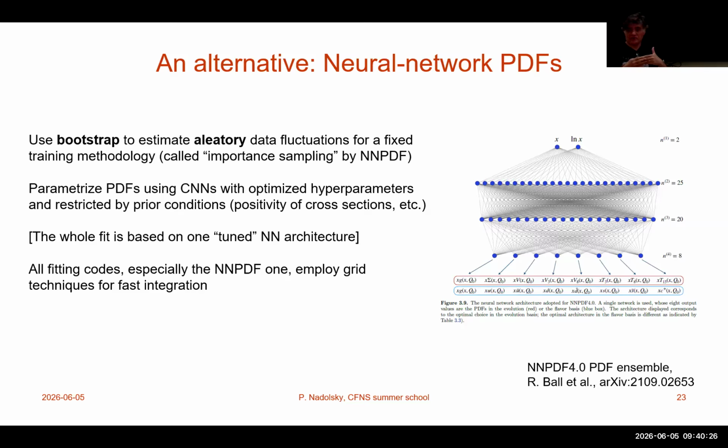And these random fluctuations go by another name. It's called aleatory fluctuations. Aleatory means dicey fluctuation, or aleatoric. So basically what the neural network does is estimate the aleatoric uncertainty in this case, and that comes out naturally from this bootstrapping and resampling. Okay.